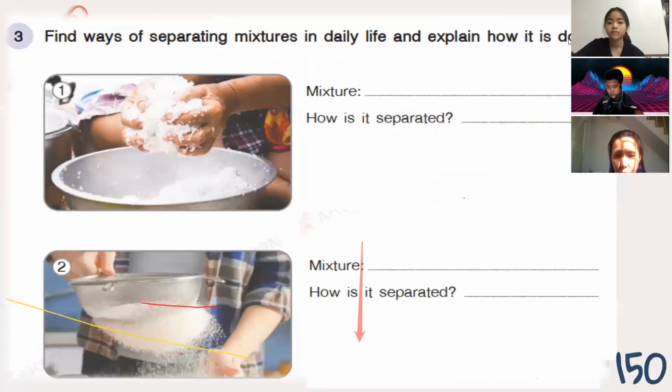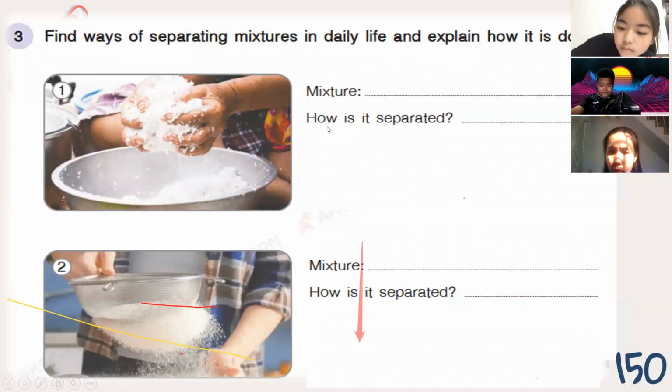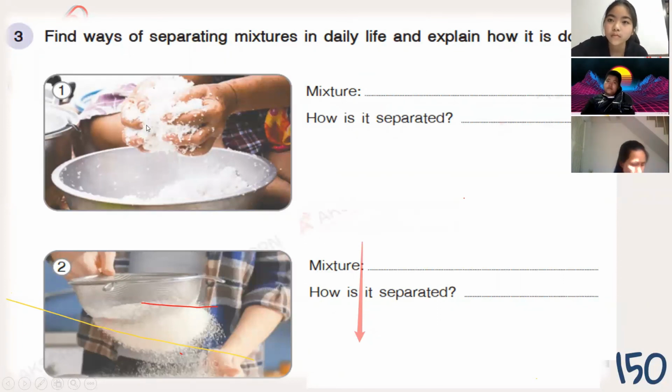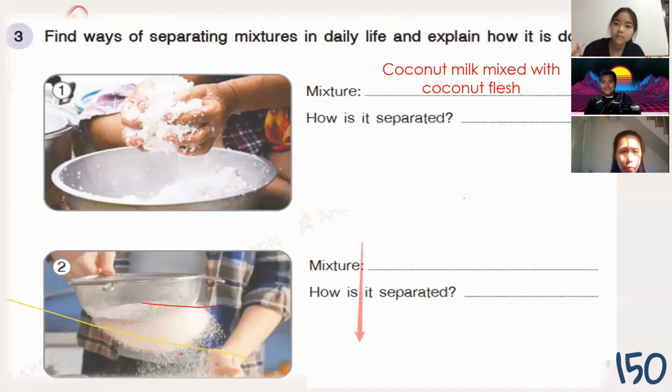Okay, this is page 150. Find ways of separating mixtures in daily life and explain how it is done. Number 1. What is the mixture? It's coconut milk mixed with coconut flesh.